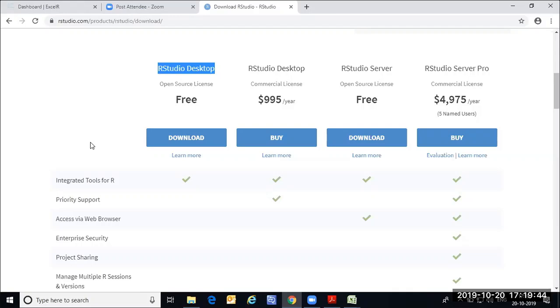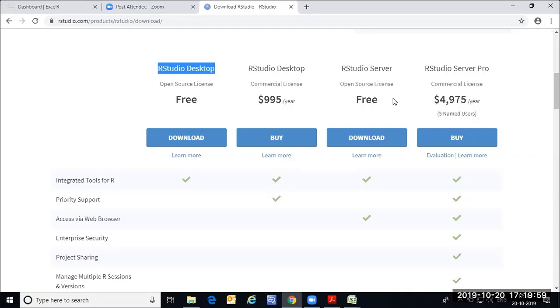Because most of the packages are available with the open source one itself, right? And the server version is not meant for us.